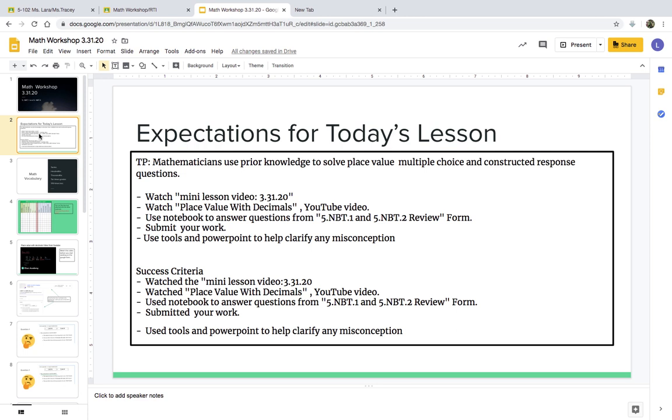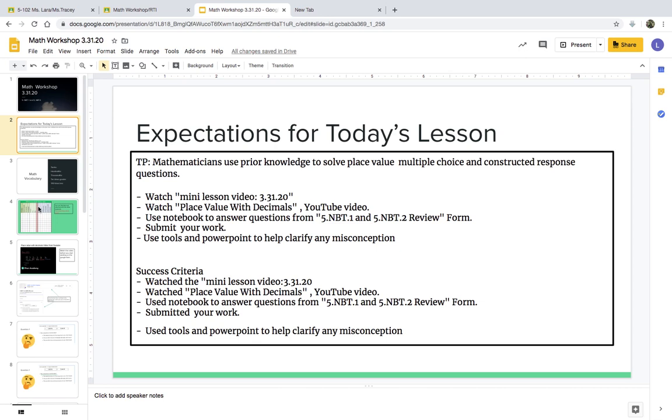Use our notebook to work out the questions from the Google form that is attached to the assignment called 5NBT1 and 5NBT2 review. Make sure that you submit your work and use your tools and the slides if you need any help clearing up any misconceptions that you may have, okay?